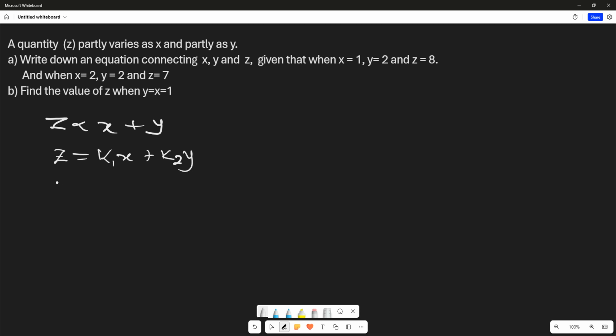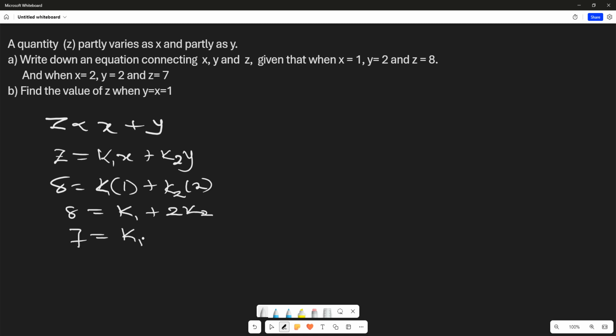The first one, z is 8, and then x is 1, and then y is 2. This will give us 8 is equal to k1 plus 2k2. Then the second instance, z is 7 and x is 2 and y is 2.